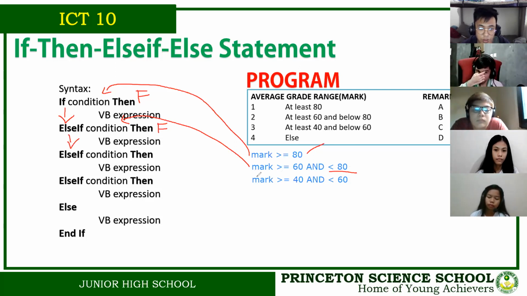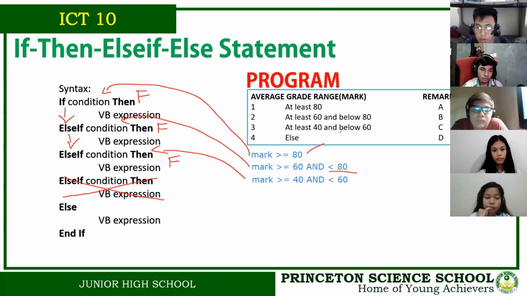The next condition is going to be mark is greater than or equal to 40 and less than 60. So that is what is going to be here. So if that is also false, since we didn't have another condition here, we go to the else, thus displaying the default expression.